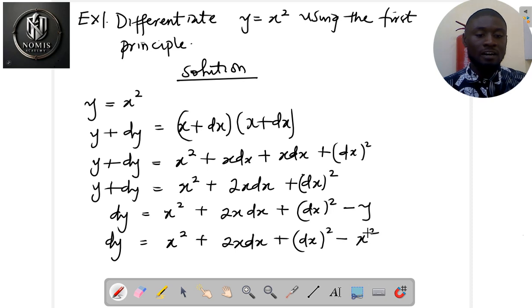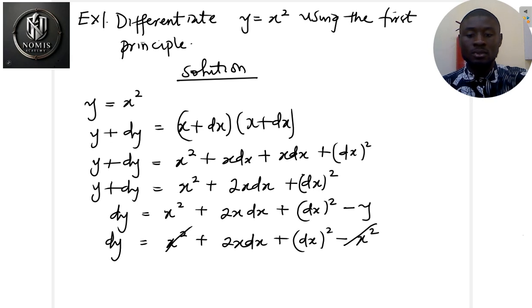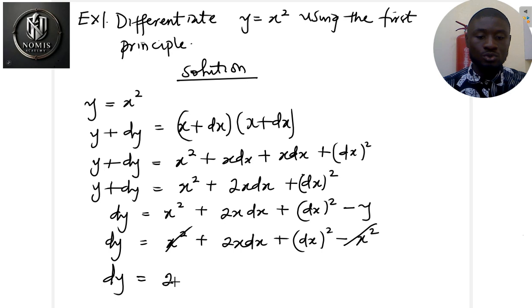Now I have minus x squared plus x squared. This cancels this, right? So I'm left with δy equals 2xδx plus (δx) all squared. So what do we do from here?